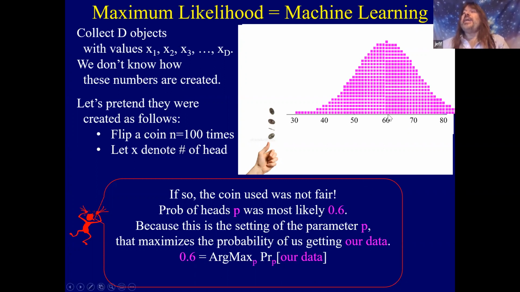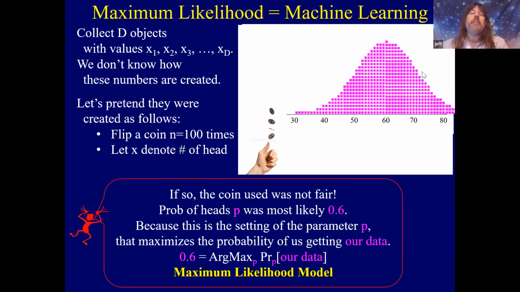And as you can see right here in this example, 60 out of 100 is probably the probability on a coin such that getting this data is very likely, right? Does that make sense? This is called maximum likelihood modeling.